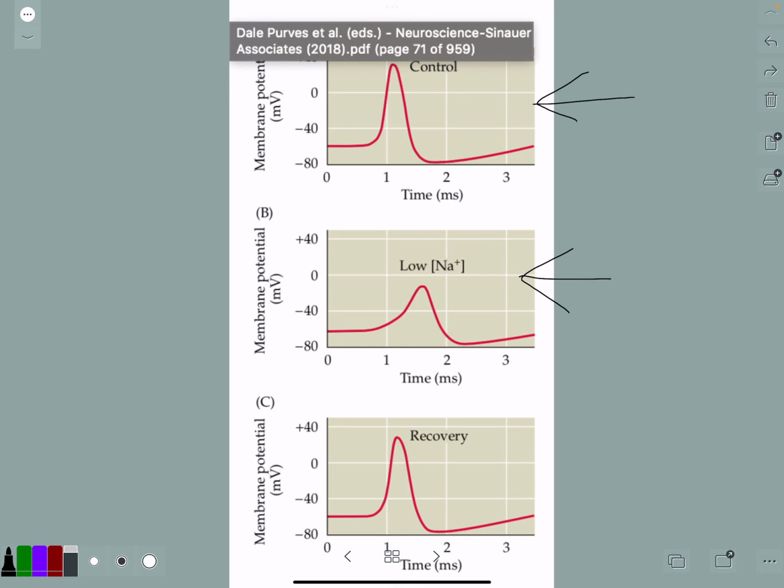So you have to create an artificial environment that you would never really see exist in order to see the action potential actually change. So in its natural habitat, so to speak, the action potential is all or nothing.